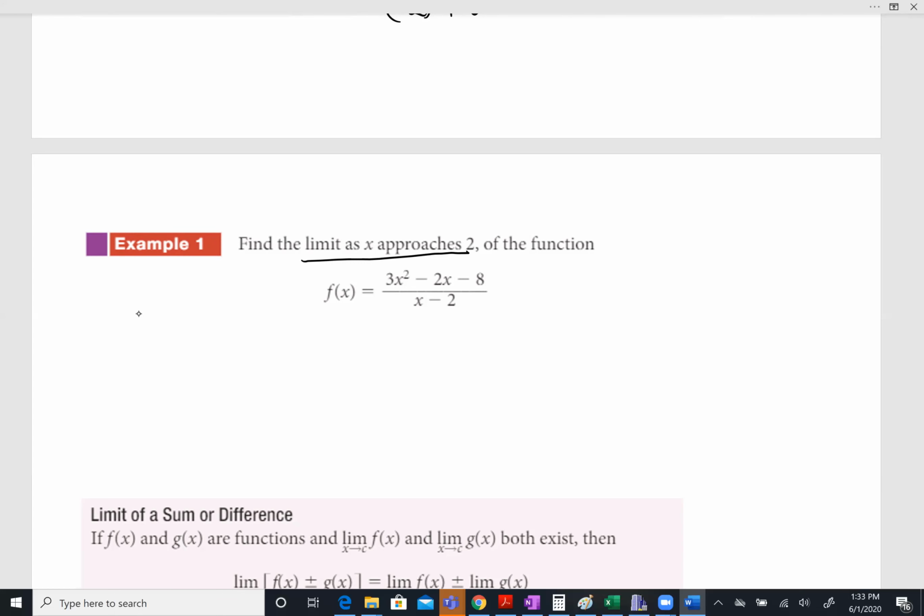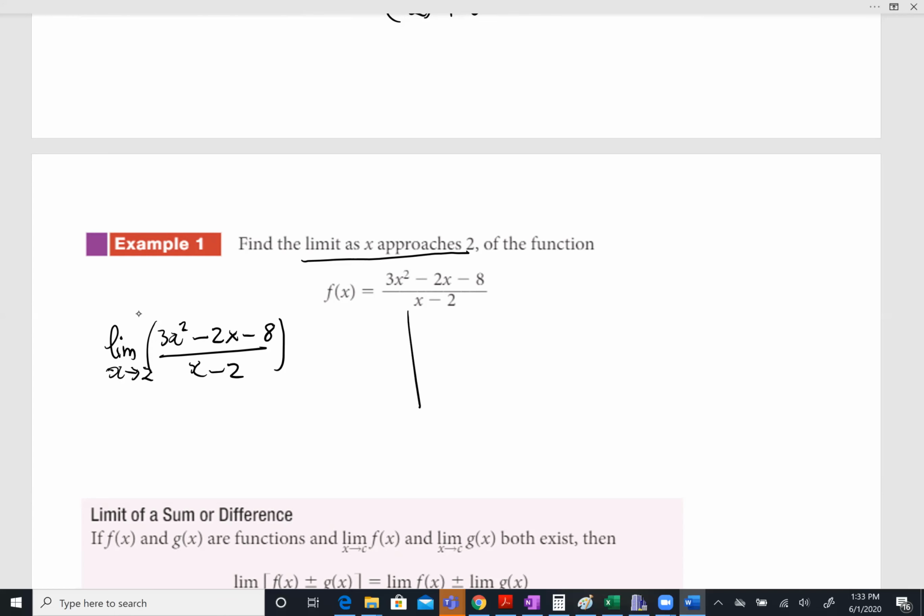So I'm going to have the limit of (3x squared minus 2x minus 8) over (x minus 2) for x going to 2.